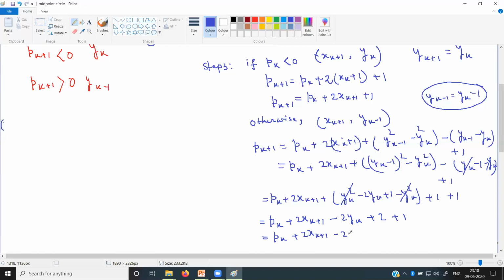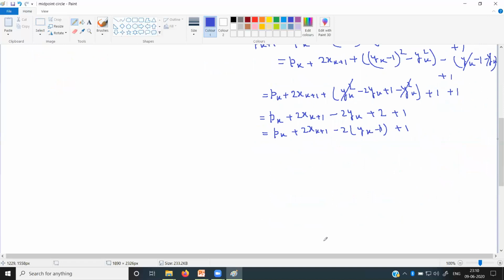Then I took 2 as common. It will become yk minus 1, yk of k minus 1, then plus 1, which I can write like pk plus 2 of xk plus 1 minus 2 of yk minus 1 plus 1.